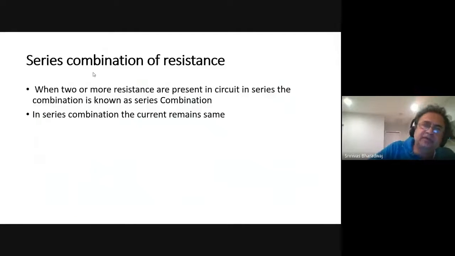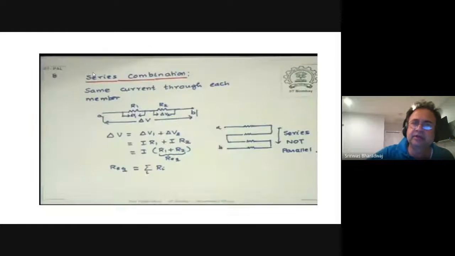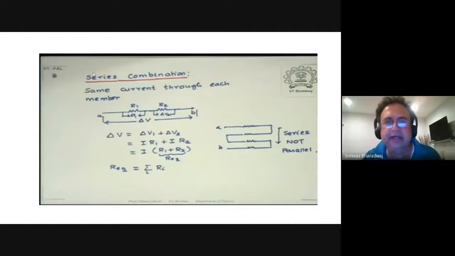So R1 plus R2 plus R3, and so on, if you have n resistances in series, where each resistance is represented by that sign, so 1, 2, 3 and so on. So R1 plus R2 plus R3 is the effective resistance. Series combination, REQ equals sigma RI, right? And the potential drop just keeps adding up, right?